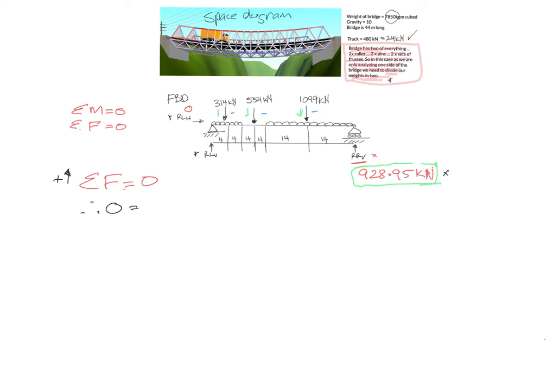Therefore, 0 is going to equal the positive reaction at left vertical, minus 314 because that's coming in a downward direction, minus 554 because that's also downward, minus 1099, and then I've got my reaction at right, which is going up, a positive 982. Oh, I did that wrong. My goodness. Let me come back and get this right.